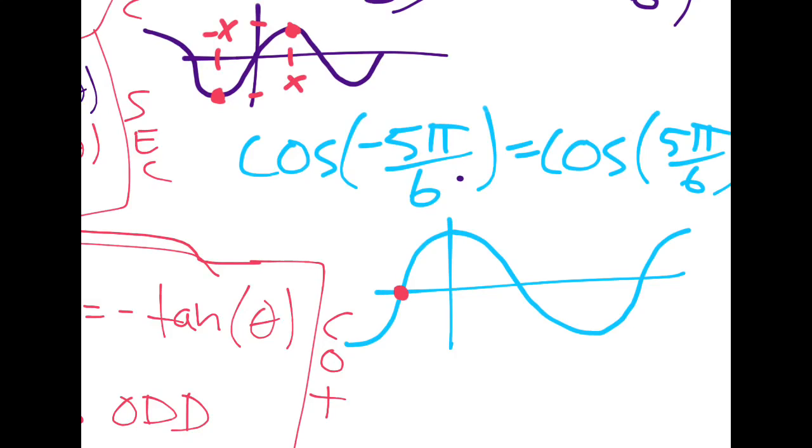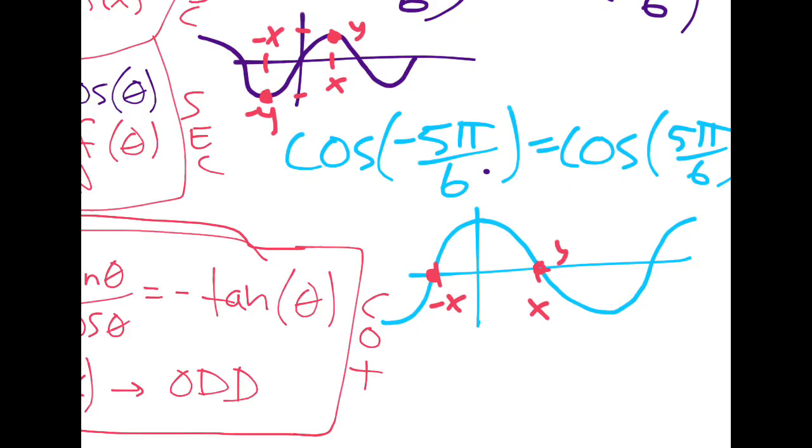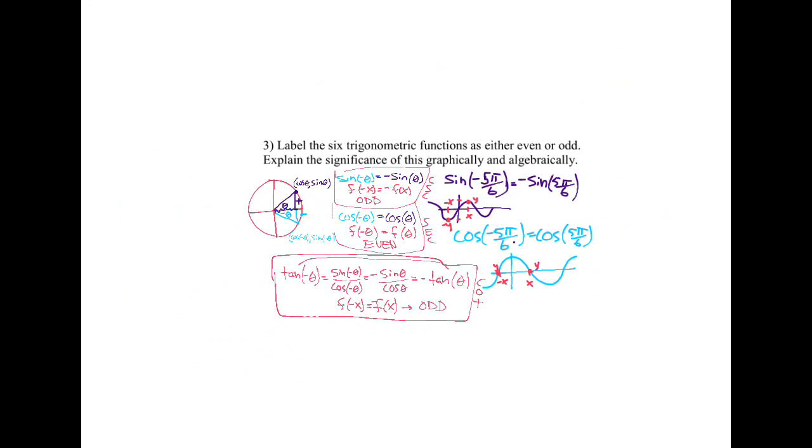We have this symmetry here, where if that's negative x, then that's positive x. Now, instead of having opposite y values, they have the same y values. So this would be like y and negative y, whereas this would be like y and y still. They have that symmetry across the y-axis. And that's that.